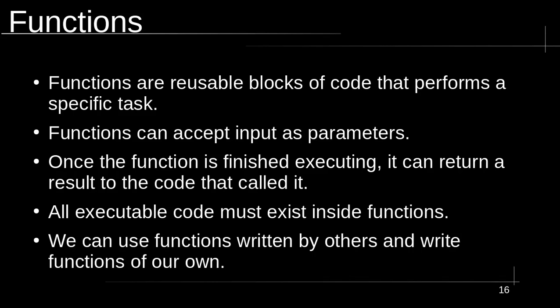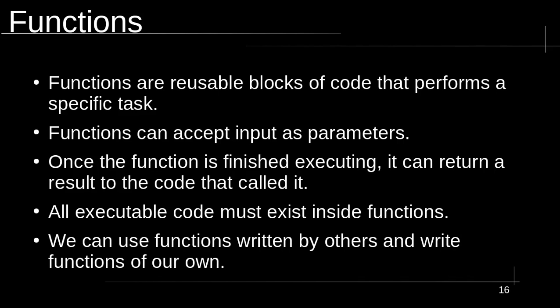Functions are reusable blocks of code that perform a specific task or function. Functions can accept input as parameters. Once it finishes executing, it can return a value to the previous code. In programming, we say that we return a value to the calling function.